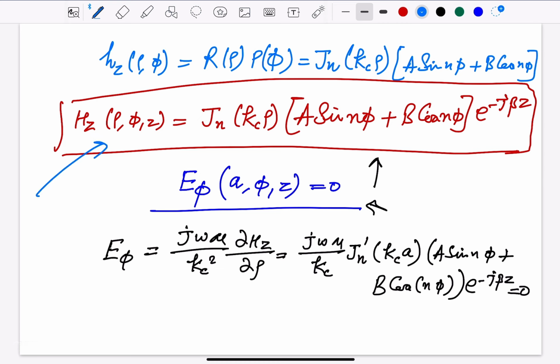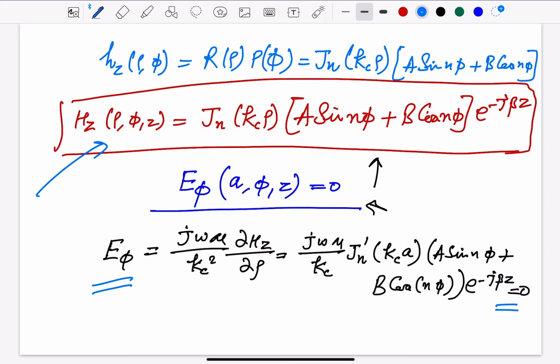Once we have HC, we are free to find all the transverse components, recalling the previously derived components for the TE mode. But before that, E phi at the periphery, where the radius rho is equal to a, will be 0.